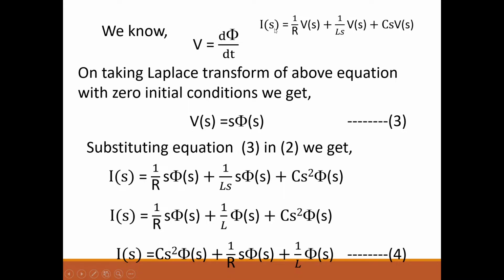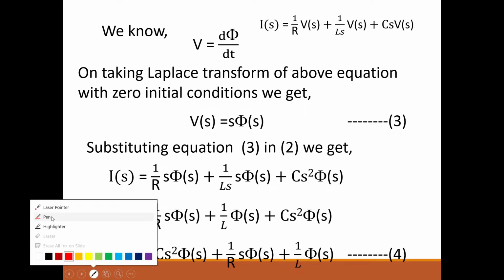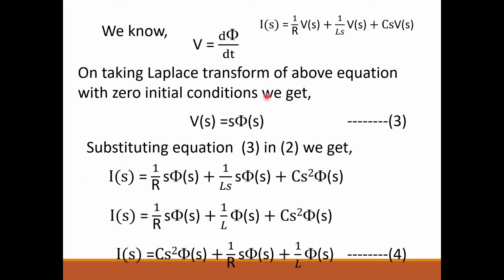Now I of S, write it as it is. 1 by R, write it as it is. Instead of V of S, what should we write?